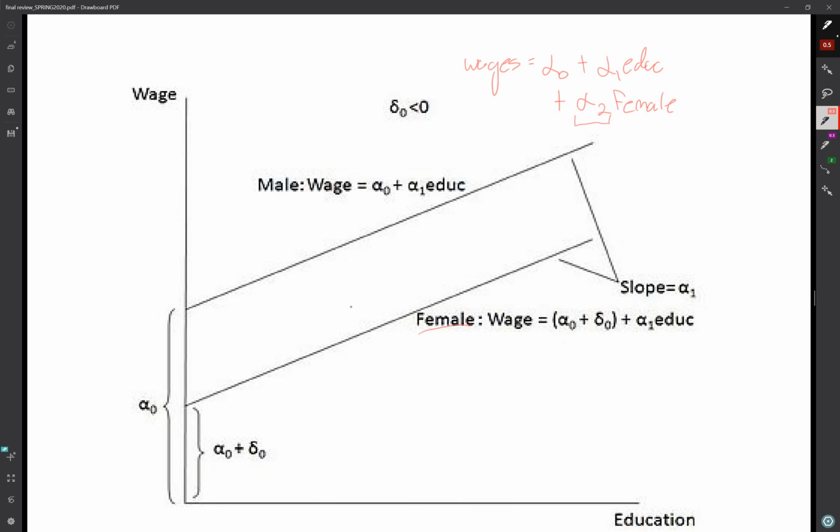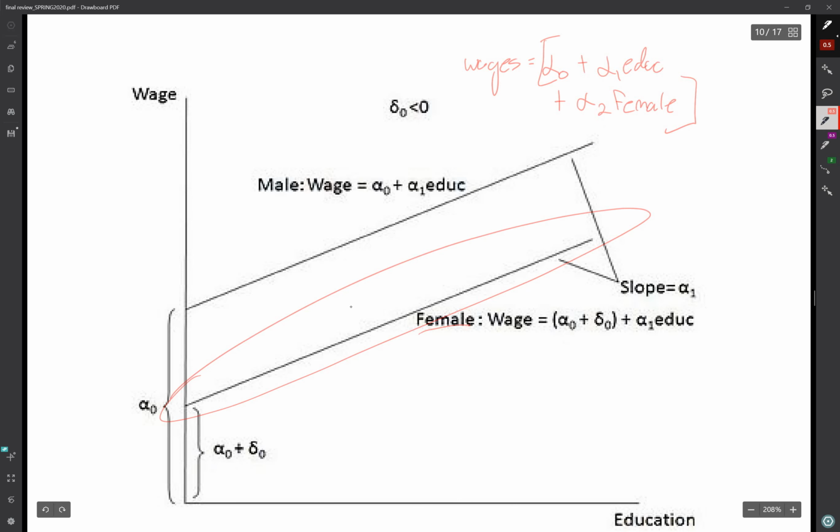So we would expect the equation for females to be lower than that of males because this is going to be negative. We look at this graph and we see that's what we see. This one is where we're looking at females. This coefficient here has shifted down our regression line.